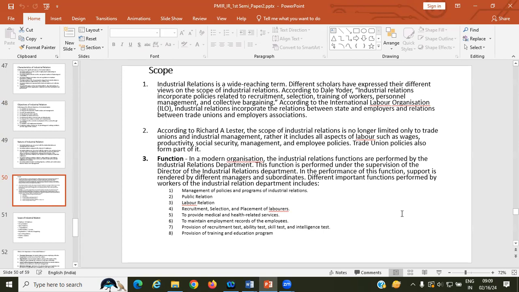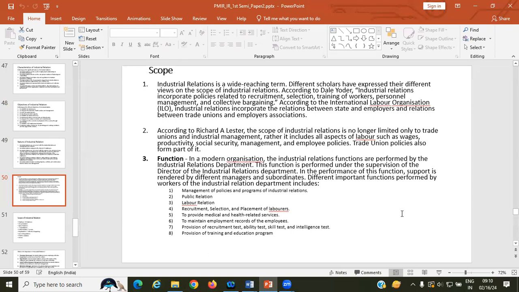When I talk about selection, it talks about the complete interviewing process. Personnel management means the HR management, and collective bargaining.